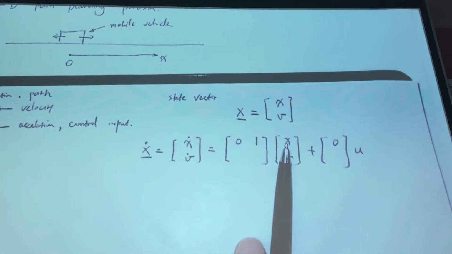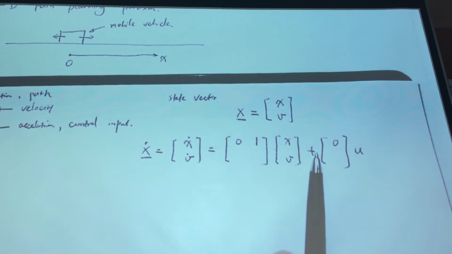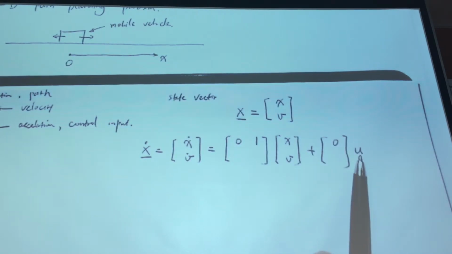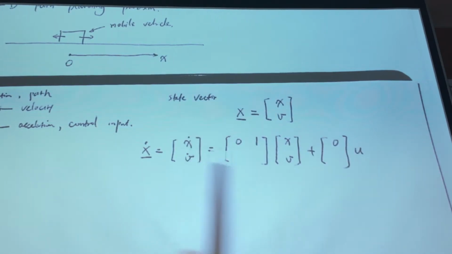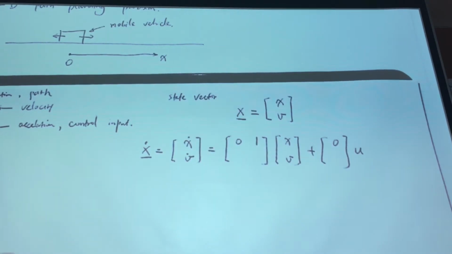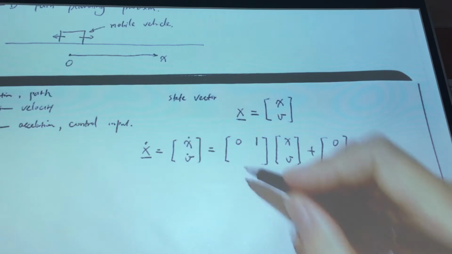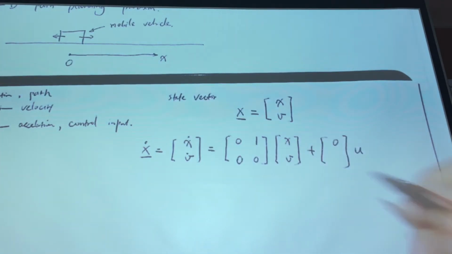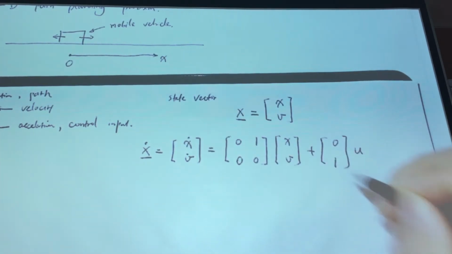So 0 multiplied by x, plus 1 multiplied by v, plus 0 multiplied by u. So that's all given by v. The v dot is equal to u, so these are 0, 0, and then we have 1 here.